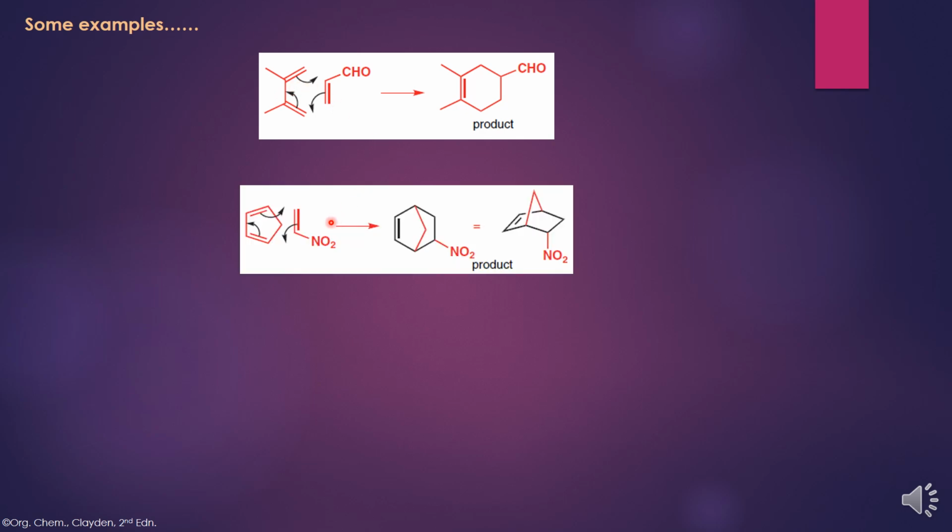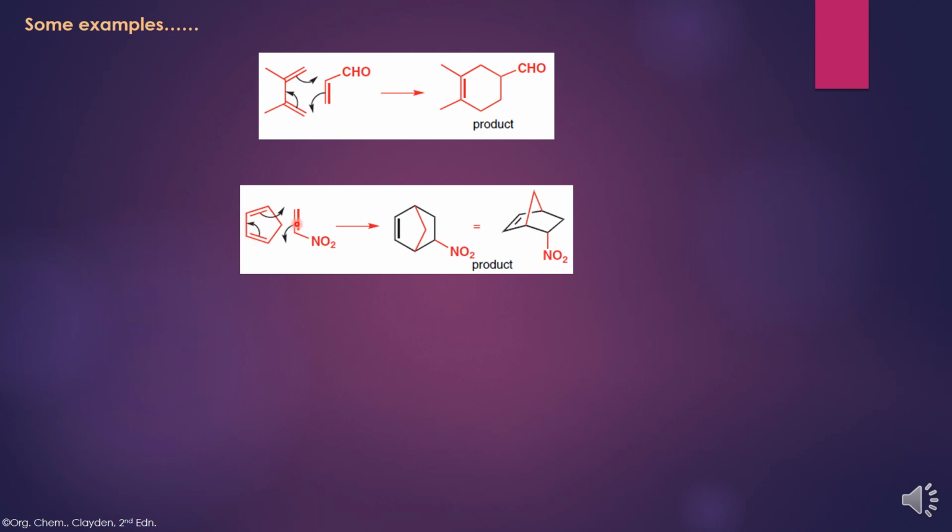And this is another Diels-Alder reaction. Here is cyclopentadiene, and we can see this is of a cis conformation, and here the dienophile is substituted with an electron-withdrawing nitro group, and we can see the product here. We have to note that cyclopentadiene has 5 carbon atoms, but only these 4 carbon atoms take part in the reaction: 1, 2, 3 and 4.